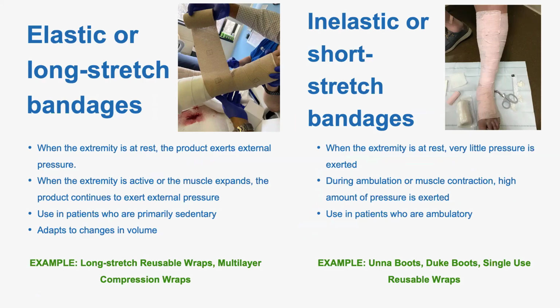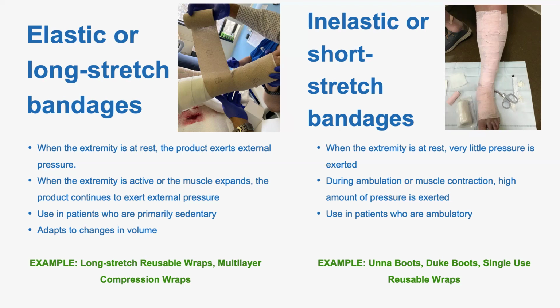The long stretch bandage is usually used when the extremity is at rest, and it produces external pressure into the venous system. When the extremity is active or the muscle expands, the product continues to exert external pressure. It is used primarily in patients who are sedentary, and it can adapt to changes in volume.